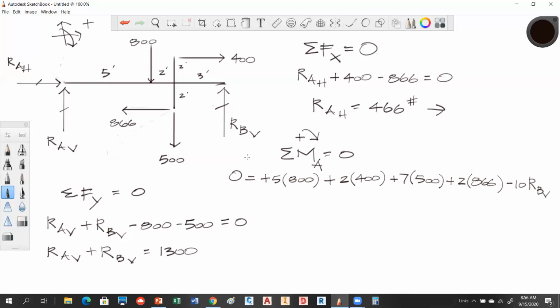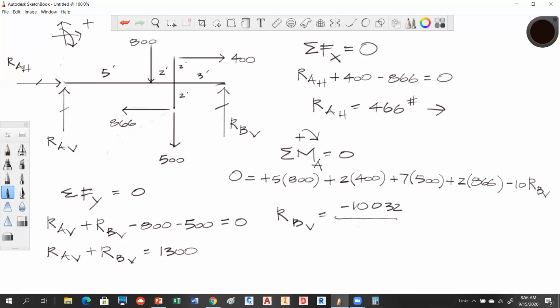So I'm getting 10,032 when I do the sum of these products. So what that tells me is RBV, if I bring this guy over as a negative, it'll come over as a negative 10,032.